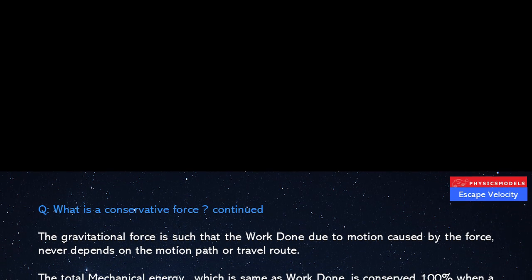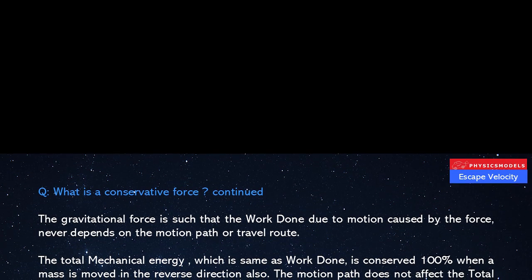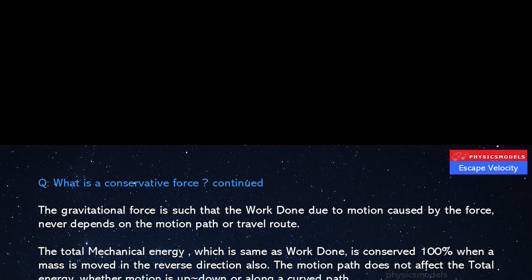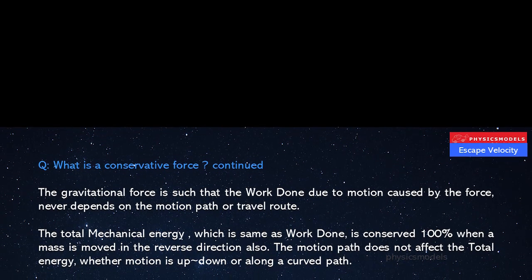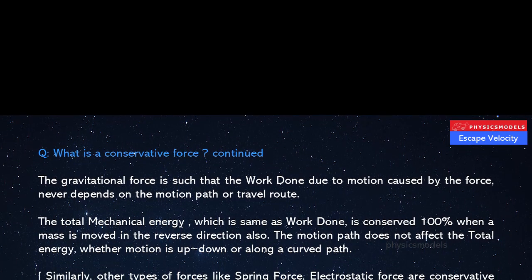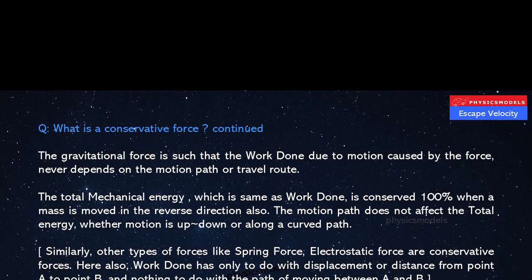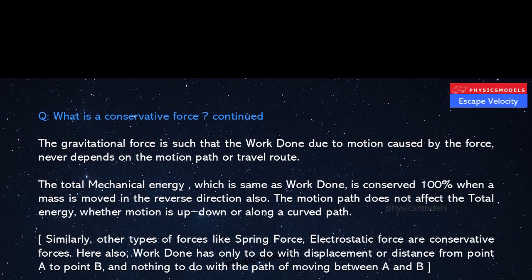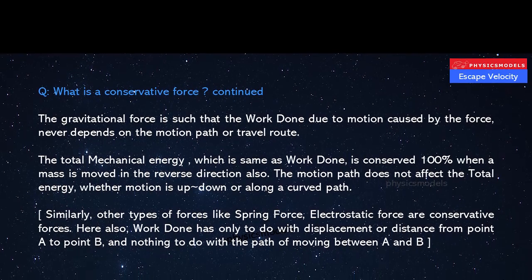The air resistance is a non-conservative force. So the whoosh of a rocket or the slowing down of the ball due to air resistance is not considered in the equation. The gravitational force is such that the total energy of the cricket ball or the rocket will be conserved 100%.